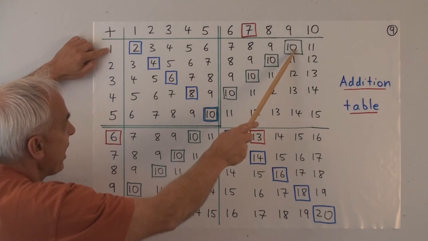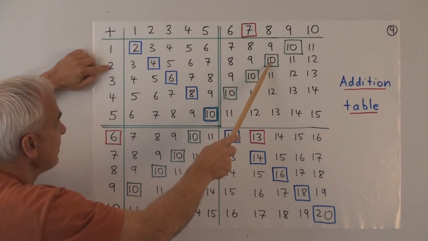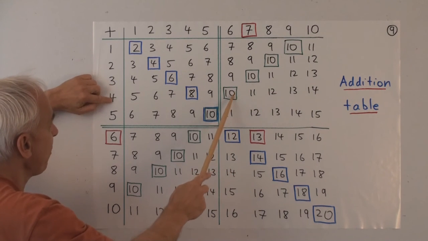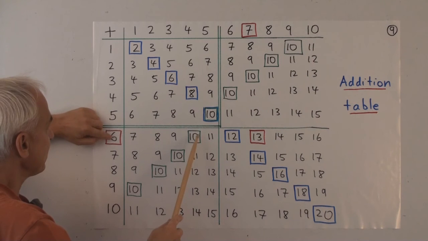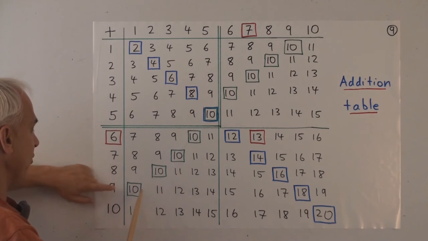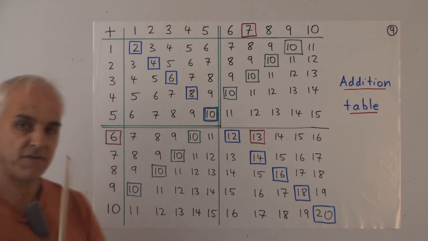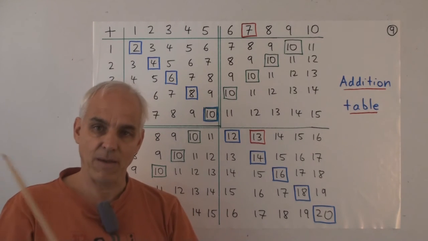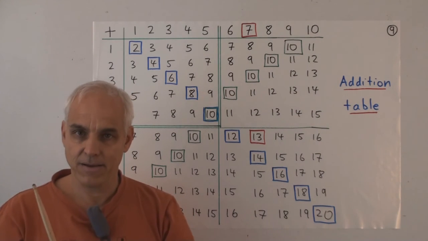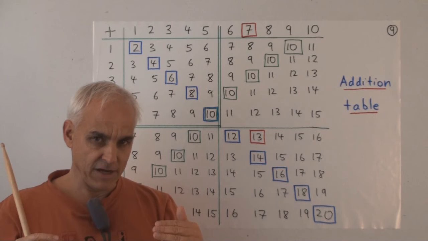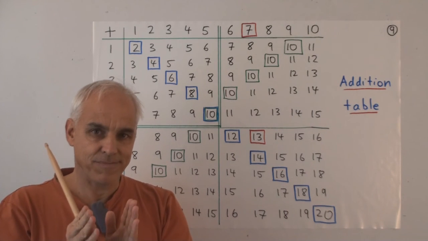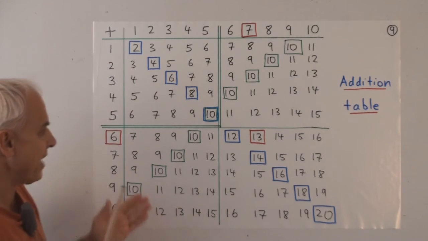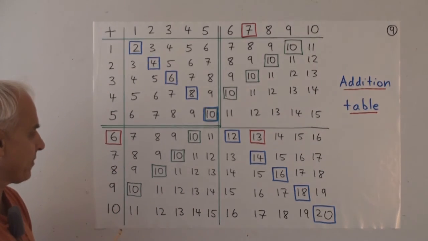So 1 plus 9 is 10, 2 plus 8, 3 plus 7, 4 plus 6, 5 plus 5, and then symmetrically 6 plus 4, 7 plus 3, 8 plus 2, and 9 plus 1. Those are the various combinations of two numbers that make 10. And those are kind of an anchor or sort of some fundamental points that I think add some structure to the table.